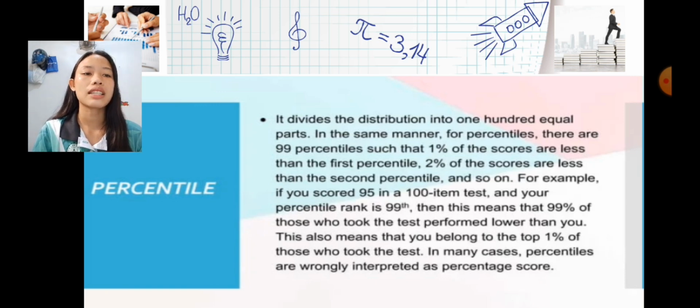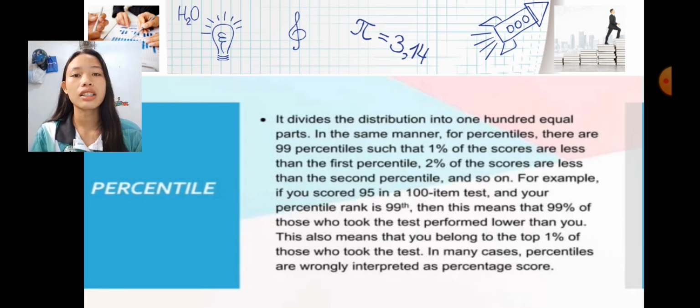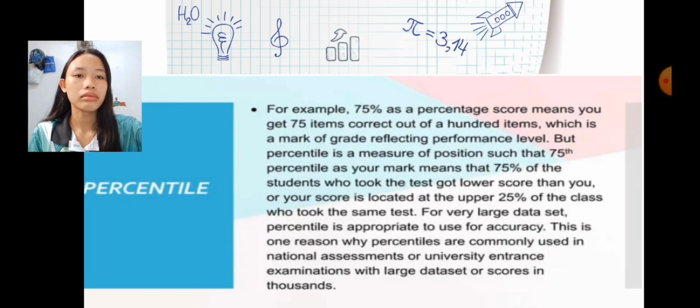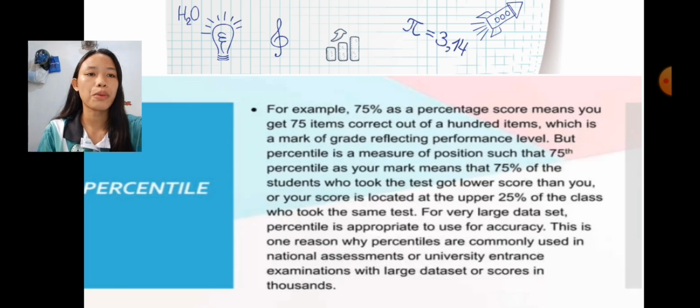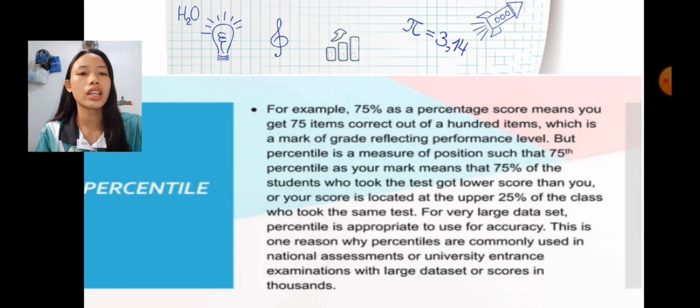In many cases, percentiles are wrongly interpreted as percentage scores. For example, 75% as a percentage score means you get 75 items correct out of 100 items, which is a mark of grade reflecting performance level.